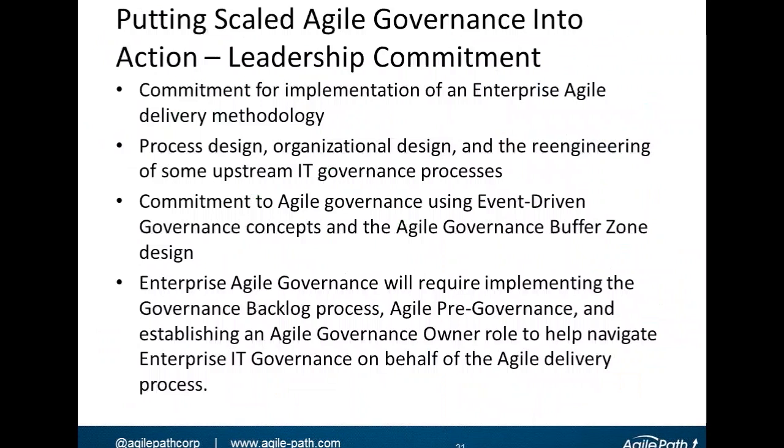It gets escalated anywhere in the organization it needs to be escalated to get a decision made. That's what the Agile governance owner has to do: get that resolution addressed in time so that the sprint team can still meet its delivery schedule. So this is a graphical illustration of the idea of Agile Pre-Governance. It maps to product planning, release planning, backlog grooming, and sprint planning and execution.